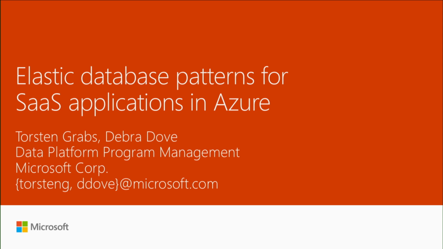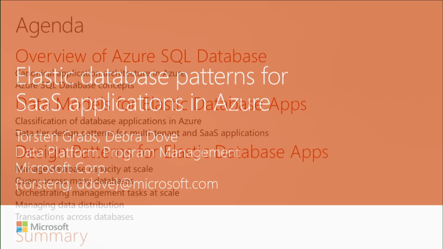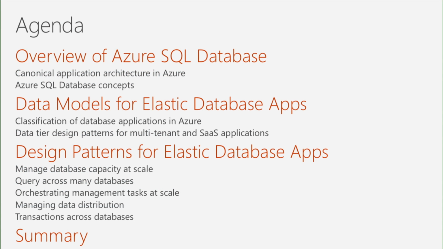All right. Good. Let's get started. And let me start out by just giving you a sense of what the plan is for this session. We're going to spend just a few minutes with Azure SQL Database, basically giving you an overview of what it is. But then we're going to dive into what are the various different data models, design patterns that you could leverage to build out the data tier for an elastic application.